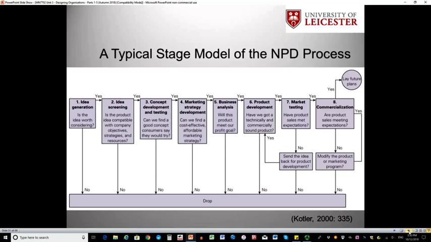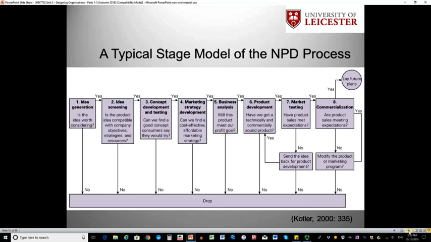So in this stage model, and it's called the stage model because Kotler has identified a number of stages, in this case 8, and he's looked at identifying the different stages and how you have to get through a particular stage or level before you move to the next. So stage 1 is idea generation, but you can only move to stage 2, idea screening, if you have an idea that is worth considering. If not, the idea gets dropped.